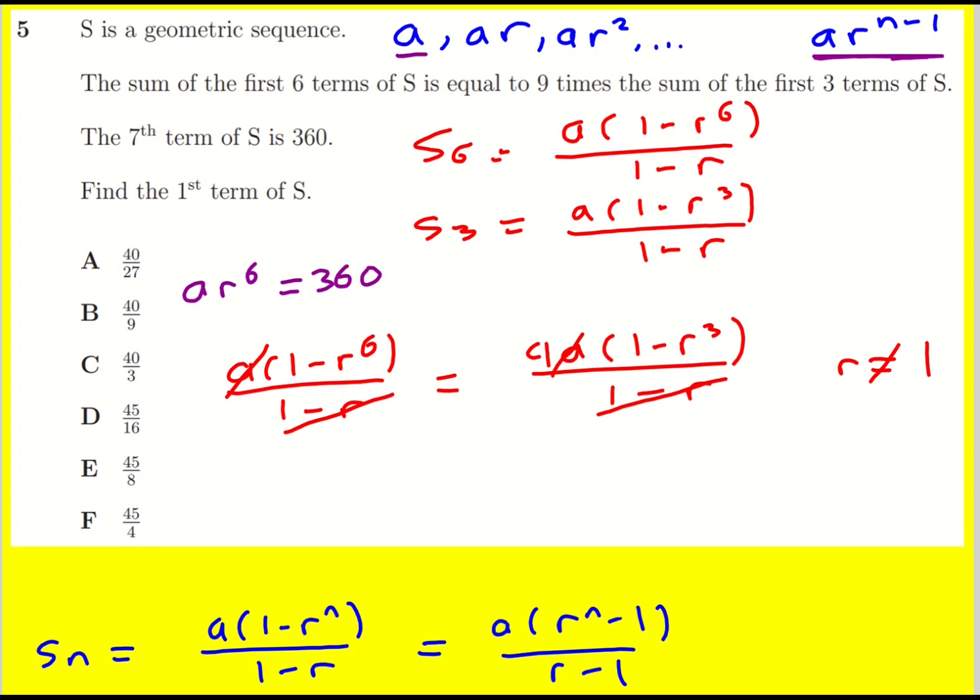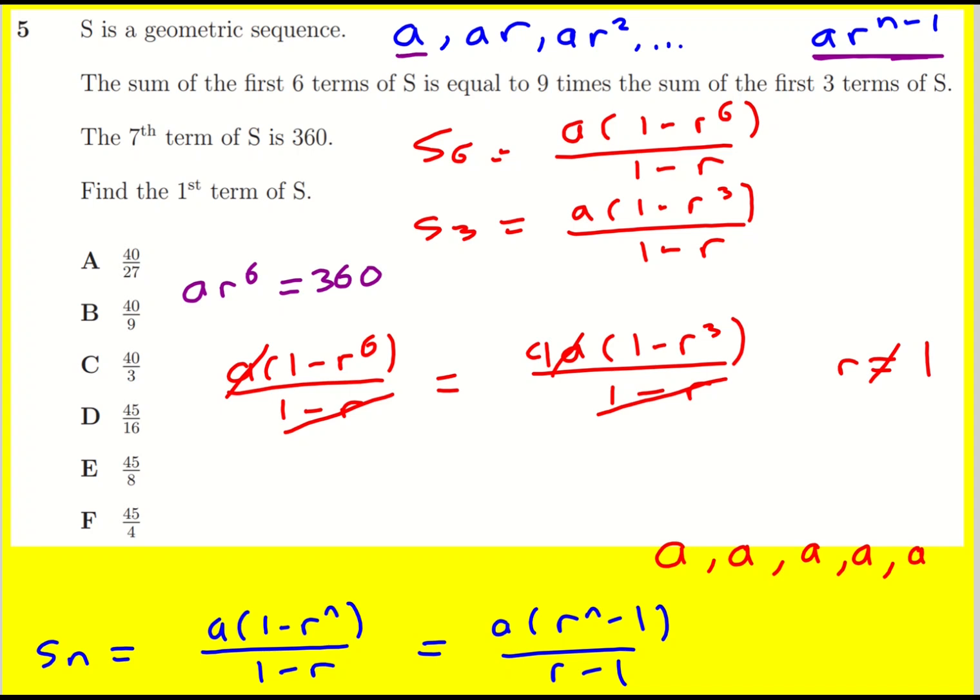Now, I just want to talk more about that. This formula that we use is only valid when r is not equal to 1. If r was equal to 1, it wouldn't really be classed as a geometric sequence. You would just get the same term every single time, A. And you could look into that as a special case.